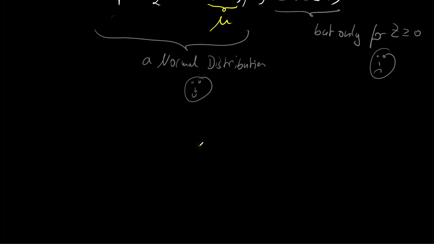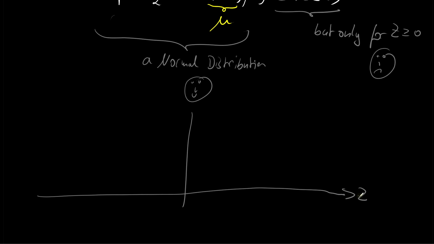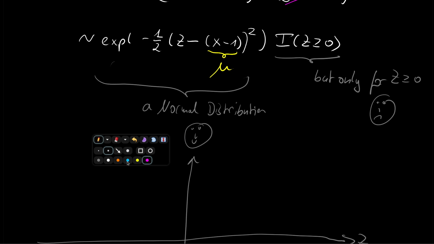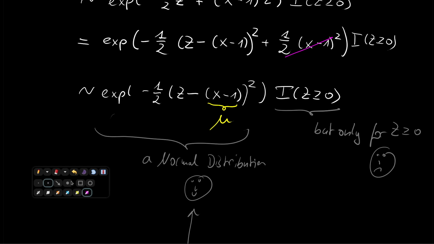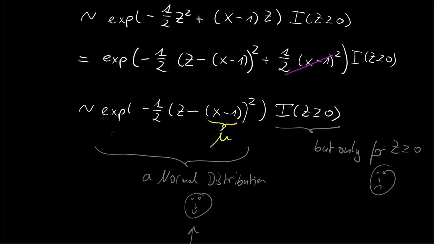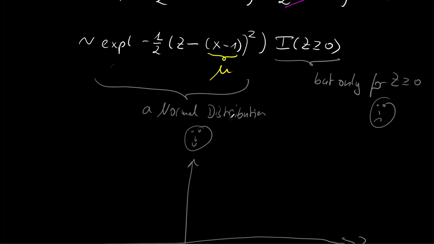Let me draw this for you. So let me have maybe this chart. So we have a set, and then here we have our probability. And then let's say, for instance, we have to fix our data. So this is kind of the prerequisite, of course, if we want to use our posterior. So let's say, for instance, we have an x of 1.5.